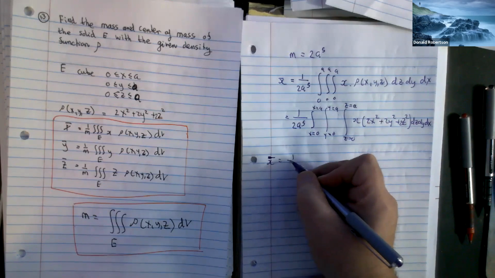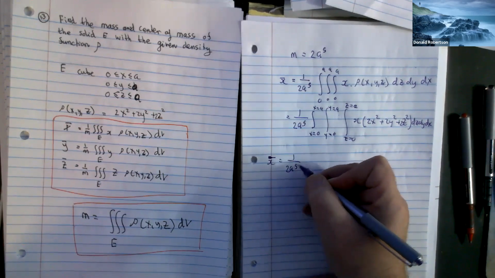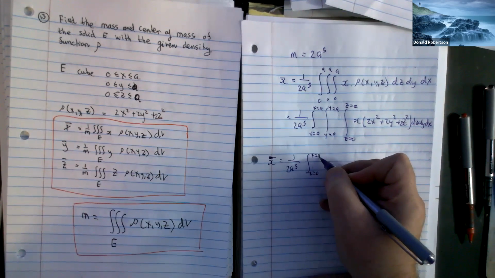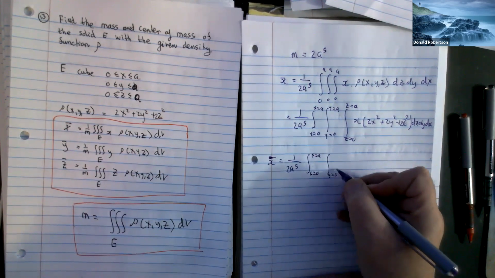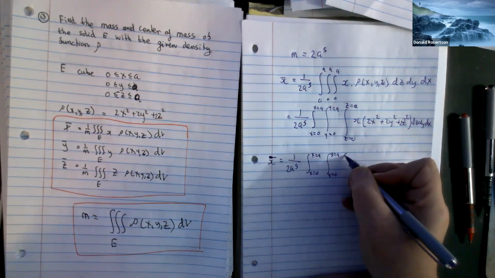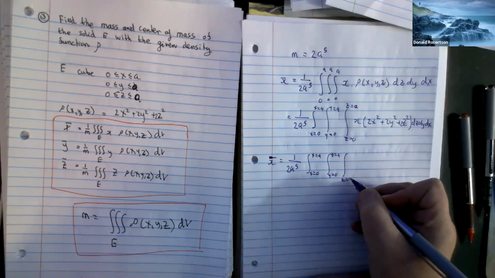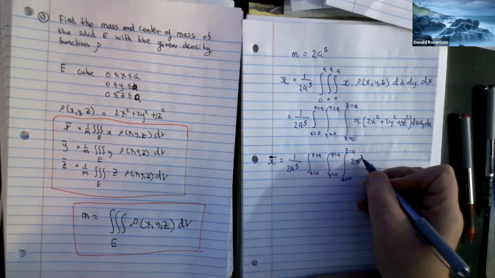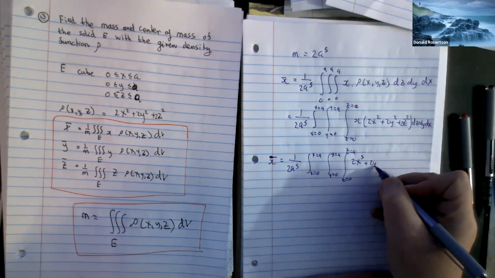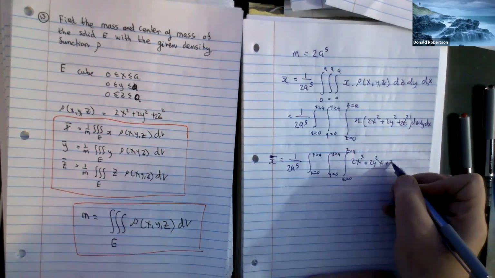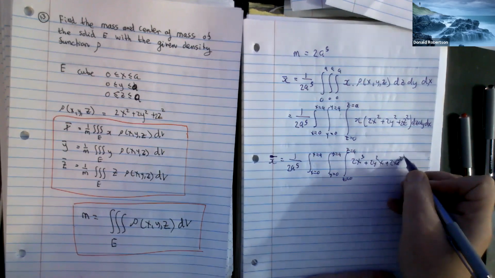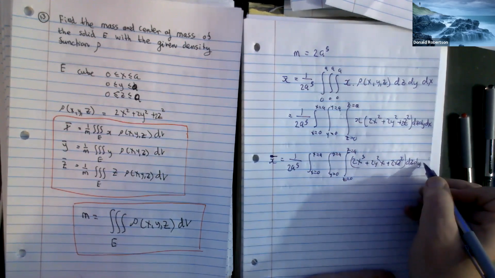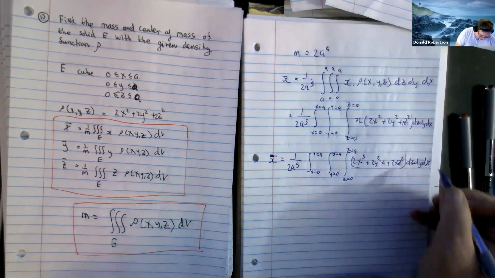So x bar is this guy, finally this guy: 2x cubed, 2y squared x, and 2x z squared. Integrate with z, integrate with y, and integrate with x.